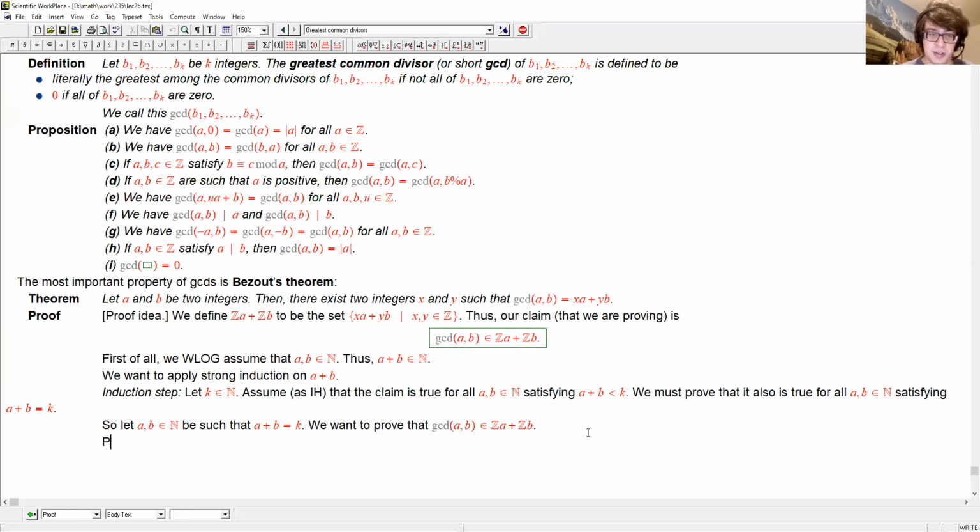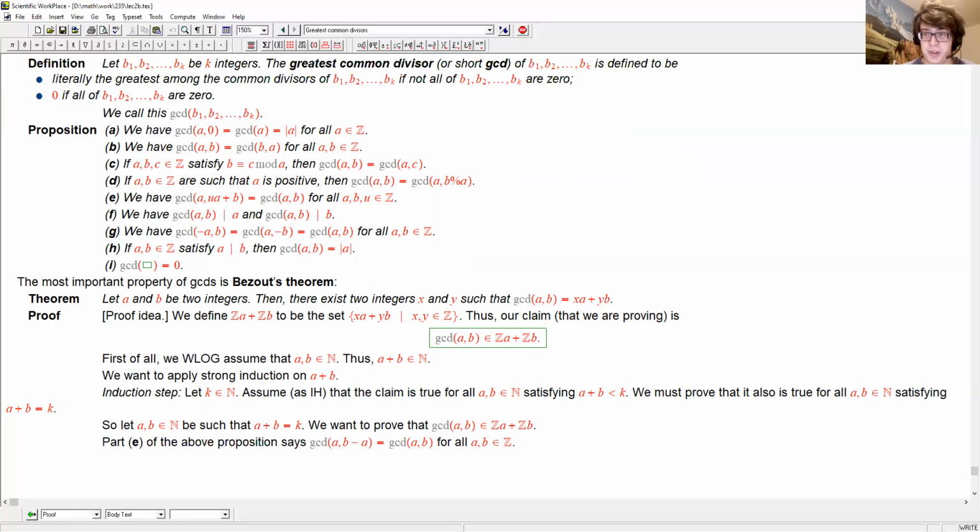Part E of the above proposition says that the GCD remains equal if we add a multiple of A to B. In particular, it remains equal when we subtract A from B, because this corresponds to U equals minus 1. In other words, B minus A here.